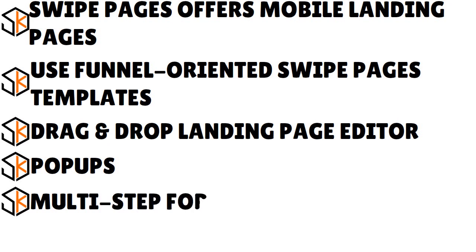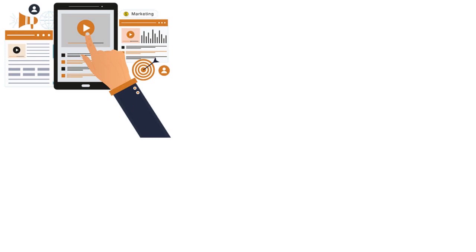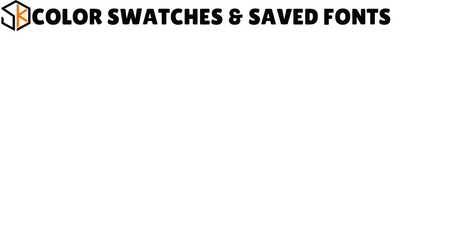You have multi-step forms. You have video landing pages. Nowadays, video landing pages are very popular, especially with Gen Zs. And so that's really good. You can include, for instance, YouTube, Vimeo, and self-hosted videos on your Swipe Pages landing page. That's really fantastic. You have color swatches and you have saved fonts.